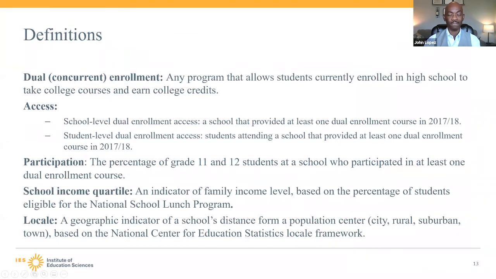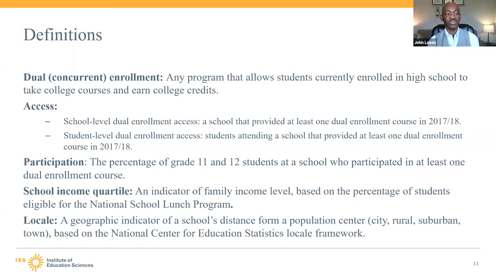So, definitions. Here they are. You're pretty familiar with this, but there are a couple of things we want to touch on. Access means school level dual enrollment access, and these data are from 2017-18.